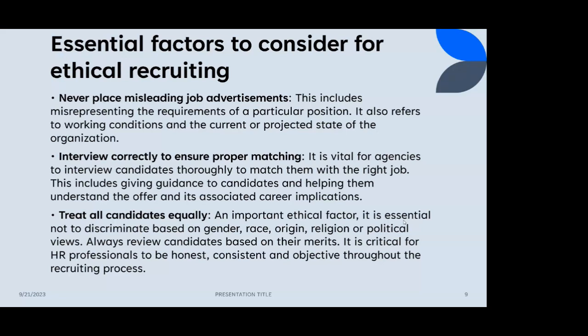Interview correctly to ensure proper matching. This is very crucial. As we talked about the process of employee selection, when we are interviewing, we need to choose the correct candidates who will go on with this process.